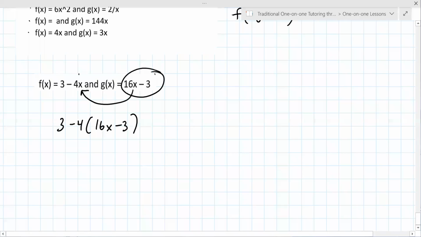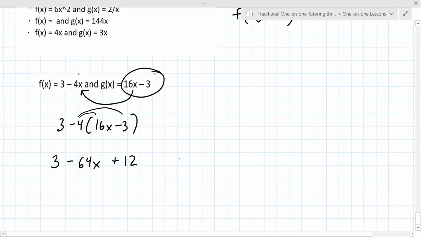So now we do need to simplify. This is the distributive property. Now, question to you, are we distributing 4 or negative 4? It's not a trick question, but I want to know what you say. Negative 4. I like that. Because it's negative 4, this becomes negative 64x. Negative 4 times negative 3 is positive 12.